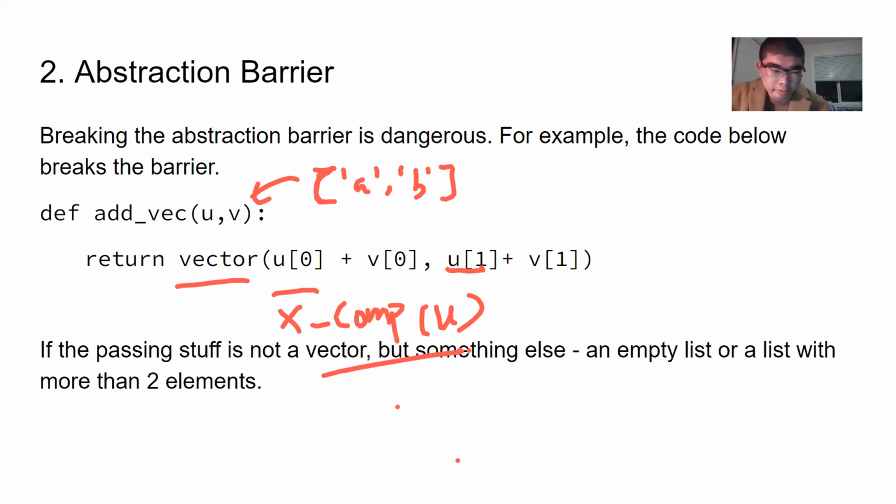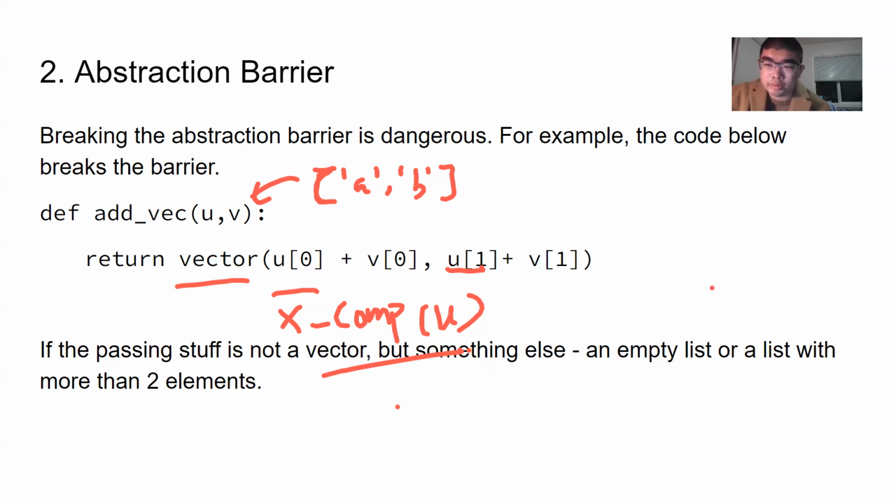Or maybe a list with only one element, it will also cause the list out of range error. So if you actually use the X component function, maybe you can filter that out from the beginning and say, here it's empty, we can handle this.